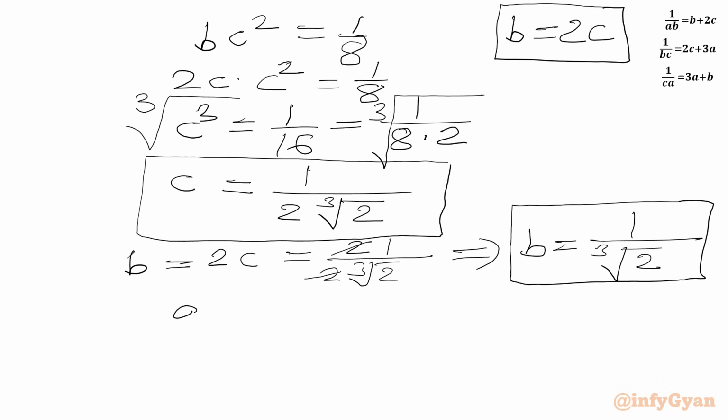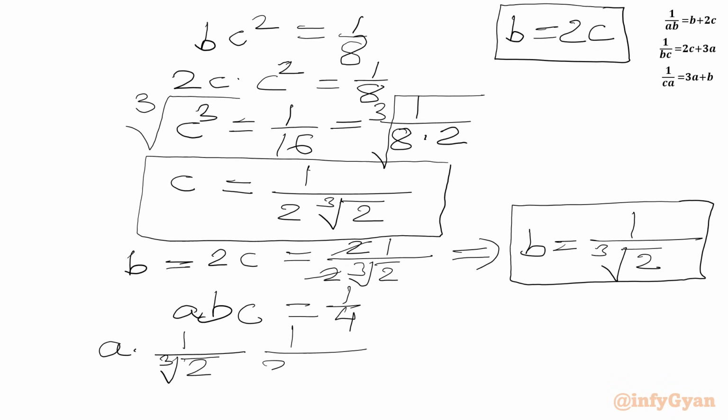So if I use the equation ABC equal to x equal to 1 over 4, here I will find value of A by putting B 1 over cube root 2, C 1 over 2 times cube root 2, and RHS is 1 over 4.